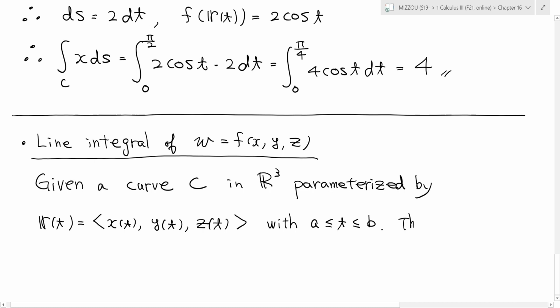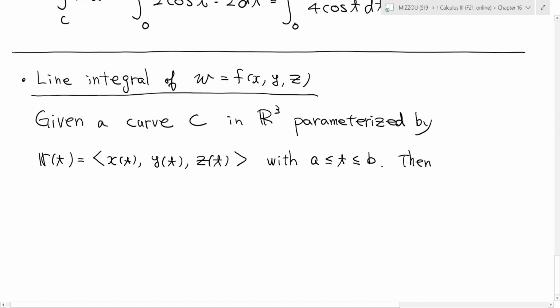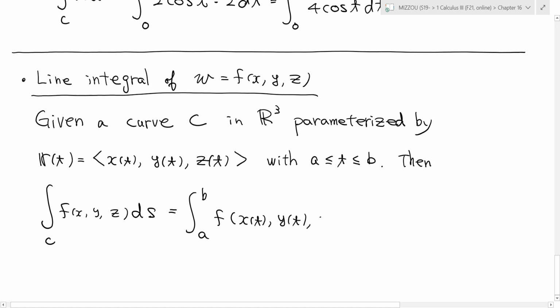Then this line integral is computed as the integral from a to b. The same formula actually. And then you stick in x of t, y of t, and z of t to the function you want to integrate.